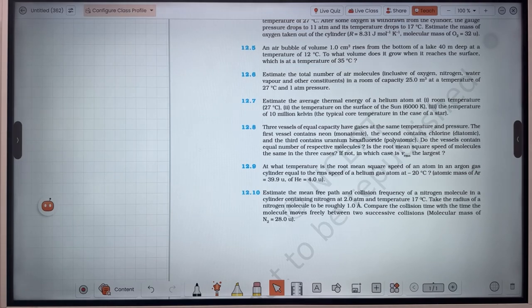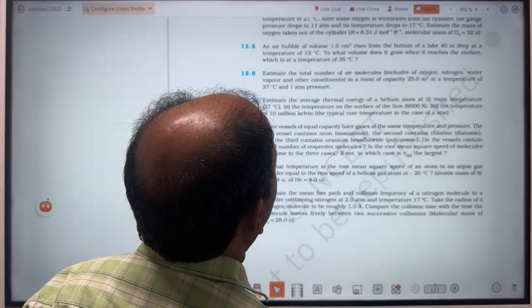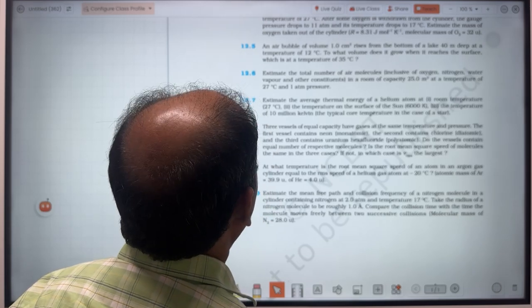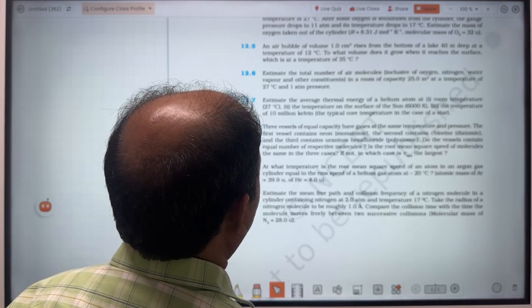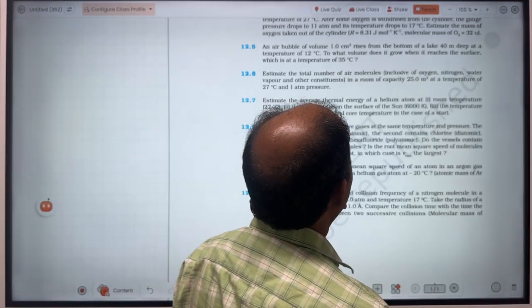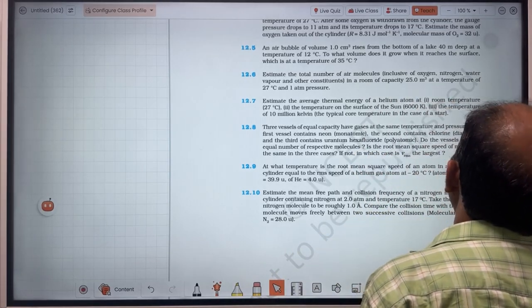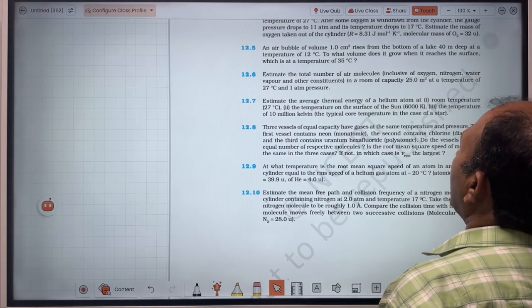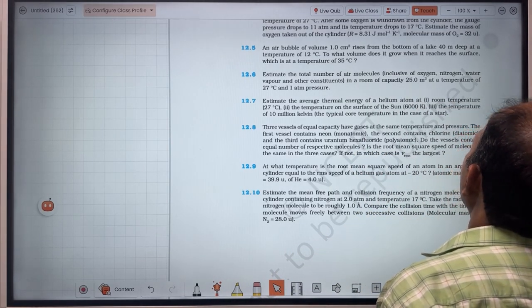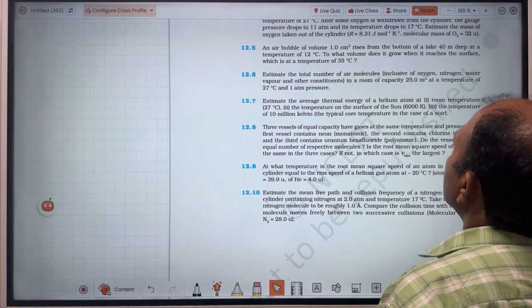Let's see the next question. Question number 7: estimate the average thermal energy of a helium atom at room temperature 27 degrees centigrade, the temperature on the surface of the sun, that is 6000 Kelvin, and the temperature of 10 million Kelvin, the typical core temperature in the case of a star.